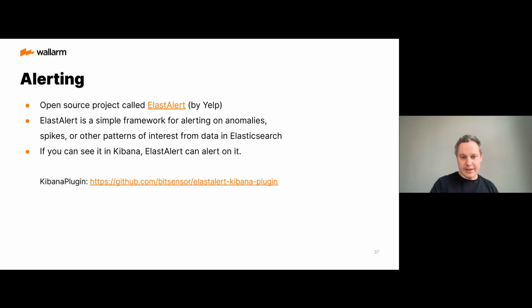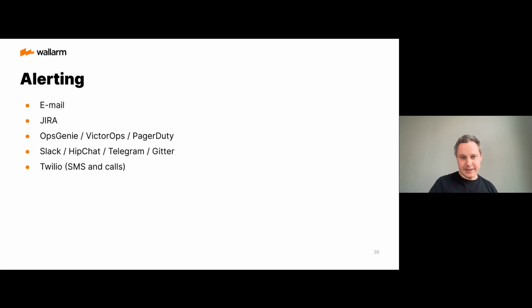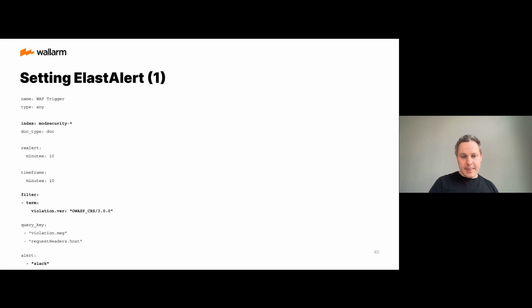This is also an example of the alerts you can have in Slack or elsewhere. For instance, you can say that if some type of event, like injection attacks, occurs within a certain period of time, a frequency-type alert, you get a Slack message. It's easy to do, and there are multiple options available.